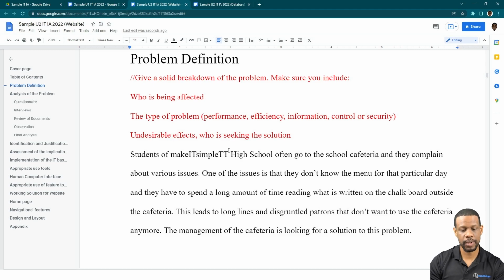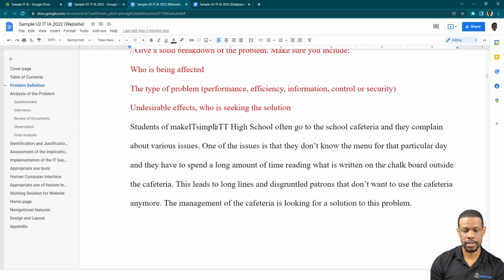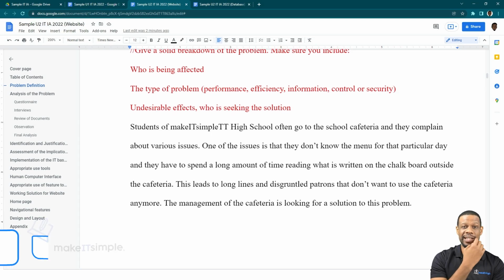So I'm going to take the problem definition that we had before, and we're going to just give more background information about the context. Students of makeITsimpleTT high school often go to the school cafeteria and they complain about various issues. So I'm going to add in context.